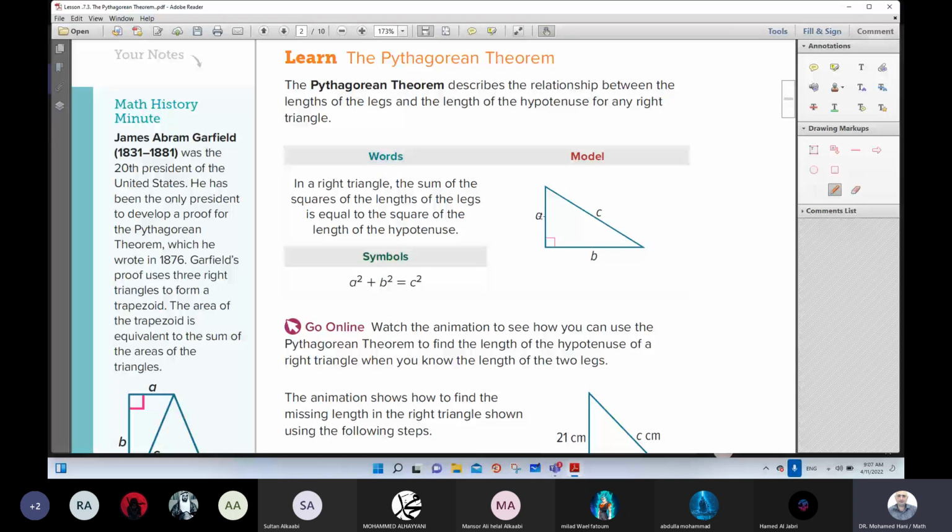This is the meaning of the Pythagorean theorem: a squared plus b squared equals c squared. So in the right triangle, the sum of the squares of the legs is equal to the square of the hypotenuse.